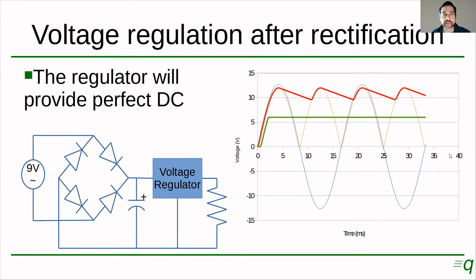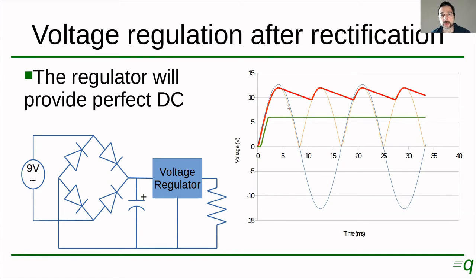One of the main applications of a voltage regulator is to obtain better DC after rectifying and filtering. Here we have the full wave rectifier and filter that we studied last class, powered with a 9-volt AC voltage.